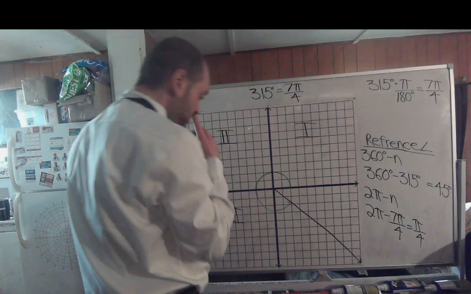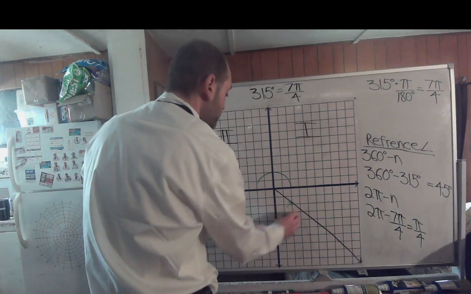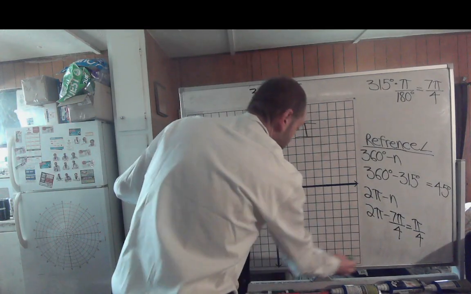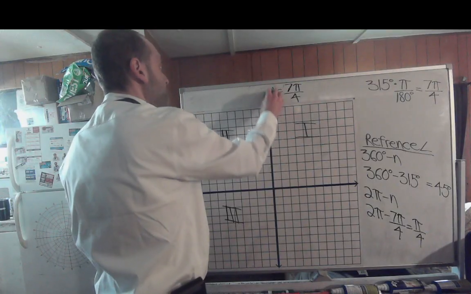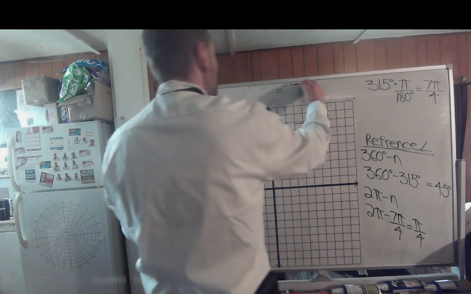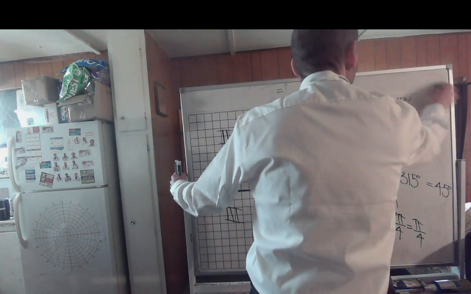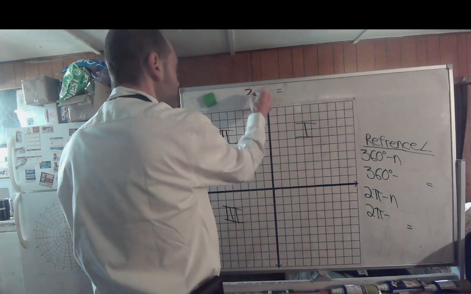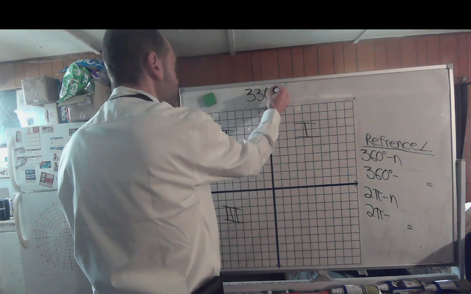All right. And then, of course, let's do a 330 degree angle. All these ones I'm doing today are based on special values of the 45-45-90 and 30-60-90 right triangle relationships, which really do come into play from geometry in this course and in future courses.